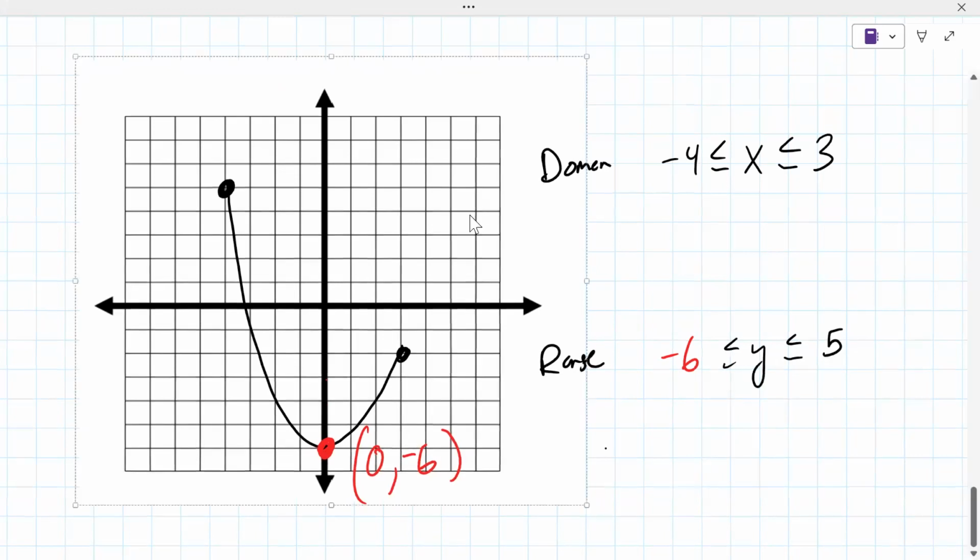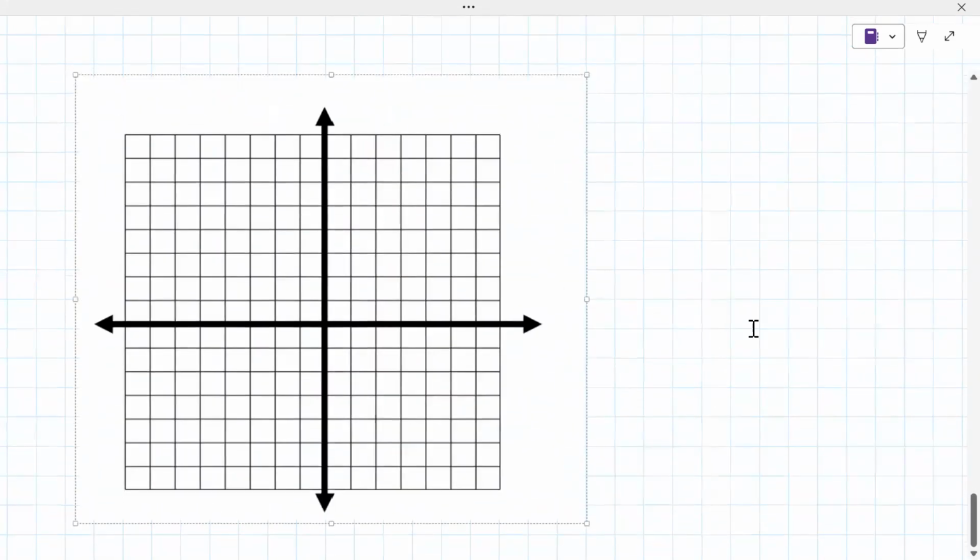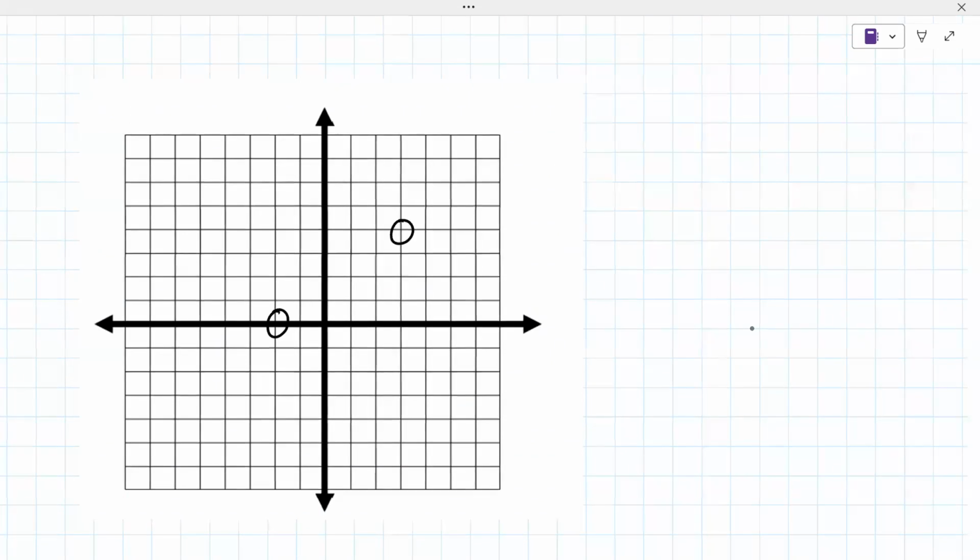All right, let's look at another one here. Okay, let's try this one. Domain and range. All right.